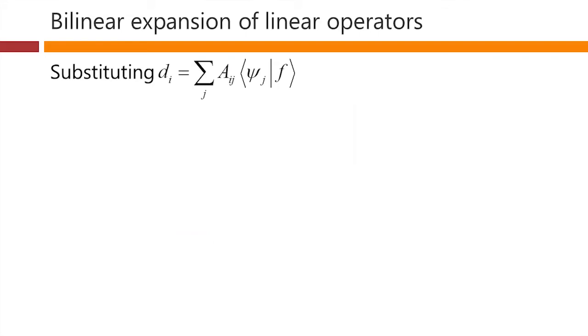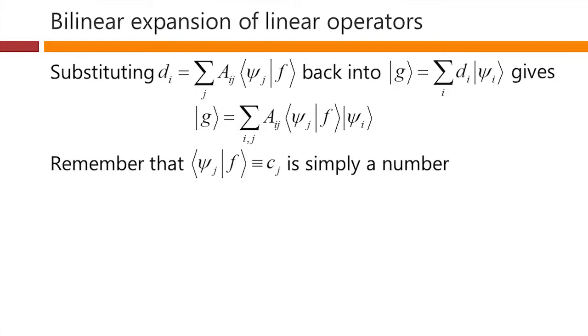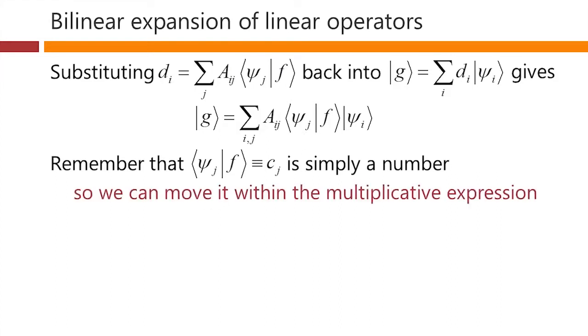Well, we can substitute this answer back into this expansion for g, and we'll get the following, that g is equal to the sum over i and j of aij times this number and times this ket vector here. Now, remember that this is simply a number, so we can move it about within this multiplicative expression.